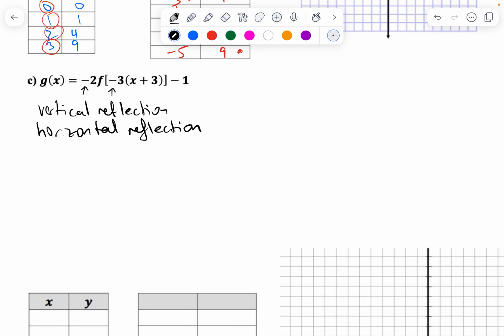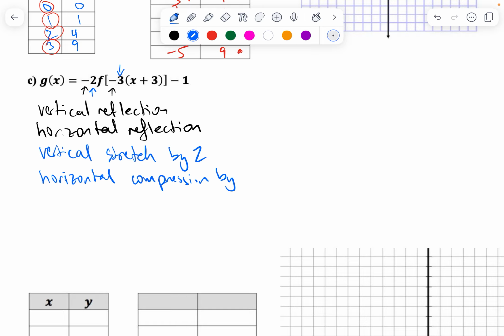There is a vertical multiplying by 2, so stretch by 2. There is a horizontal multiplying by 3, so that means compression by 1 over 3.